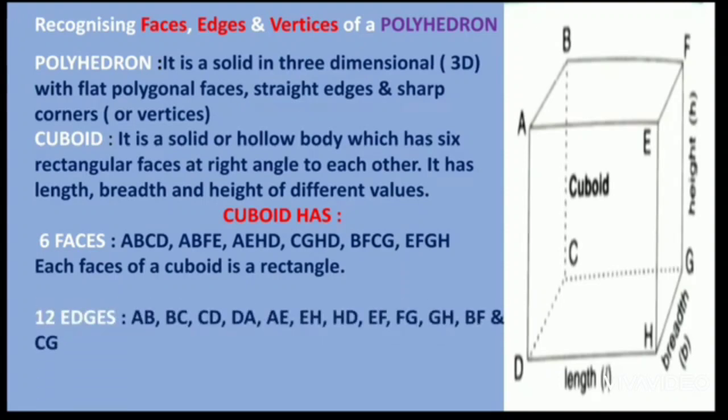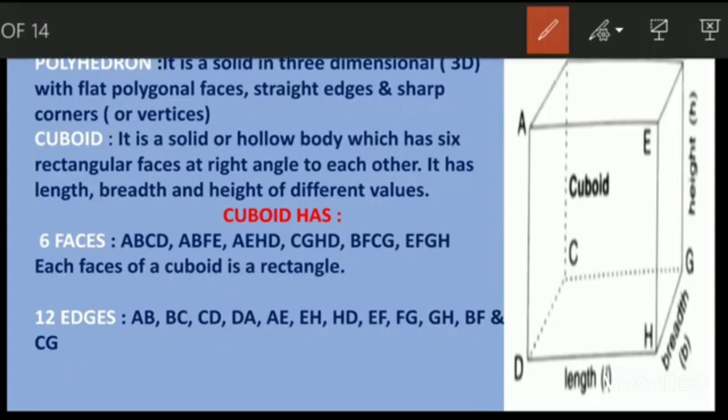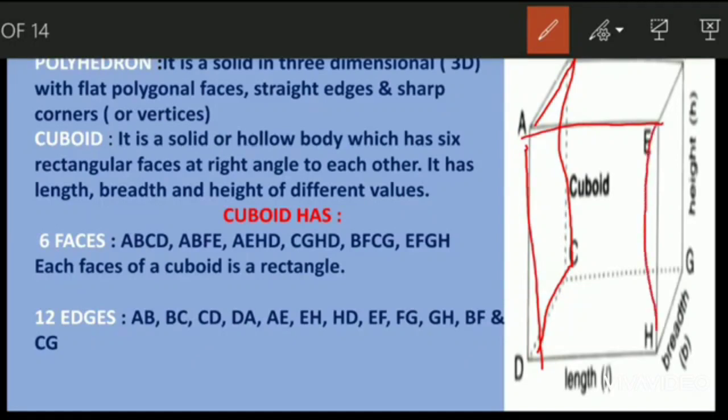It has 12 edges. AB is the first edge, BC is the second edge, CD is the third, DA is the fourth, AE is the fifth edge, EH is the sixth edge, HD is the seventh edge, EF is the eighth, FG the ninth edge, GH the tenth, BF the eleventh, and CG is the twelfth edge.